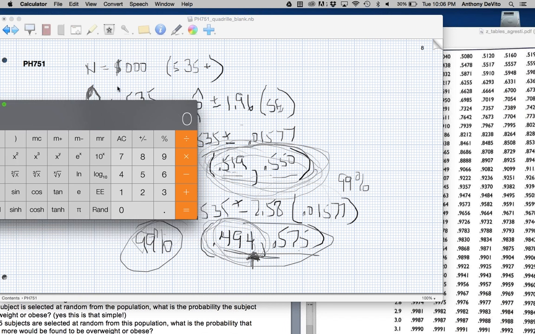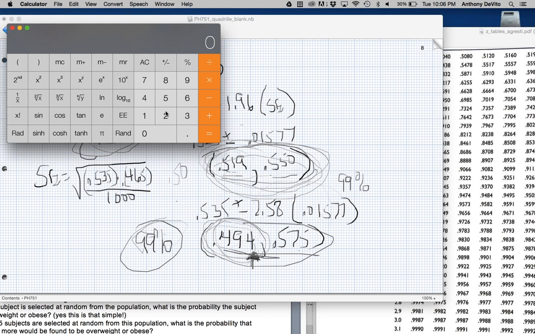Okay, let me do this. Let me calculate the standard error again. The standard error was 0.535 times 0.465, divided by 1,000, and the square root. I hate this calculator because you have to redo every point.